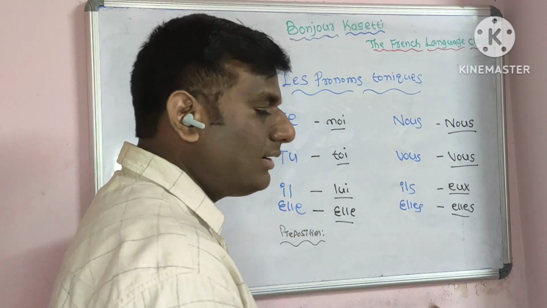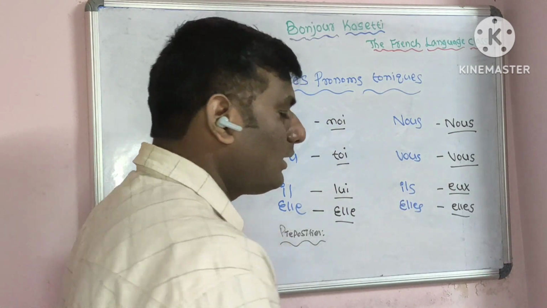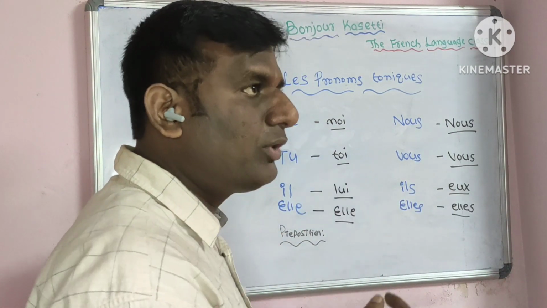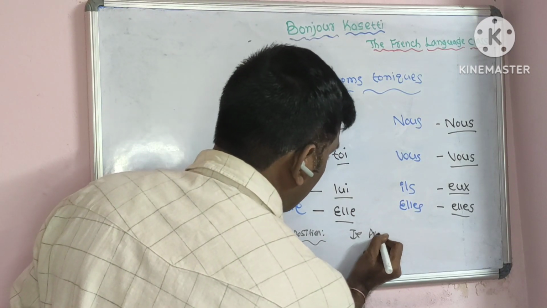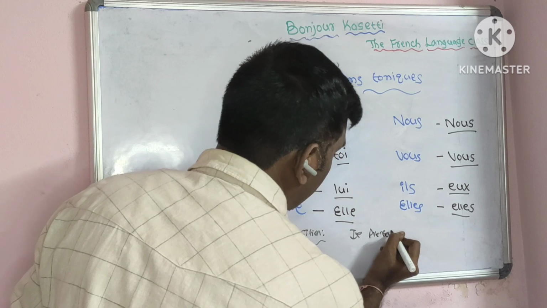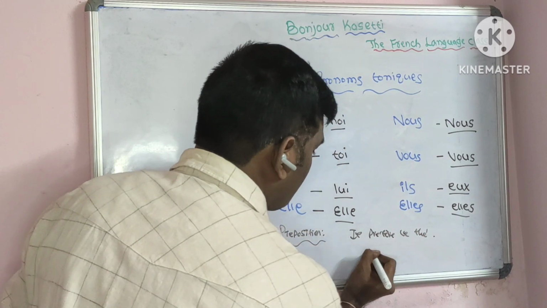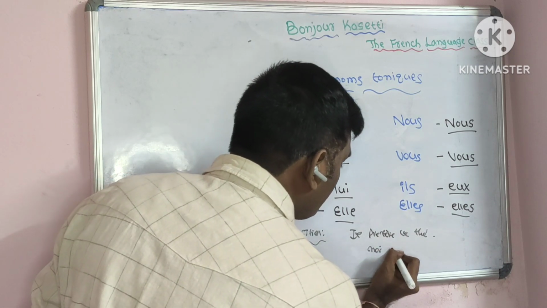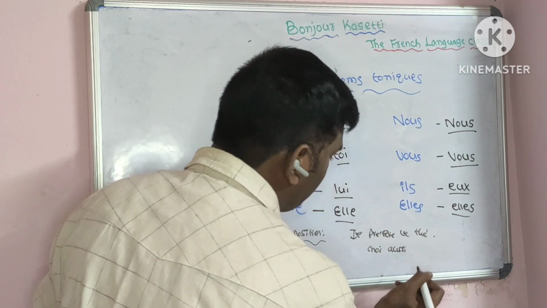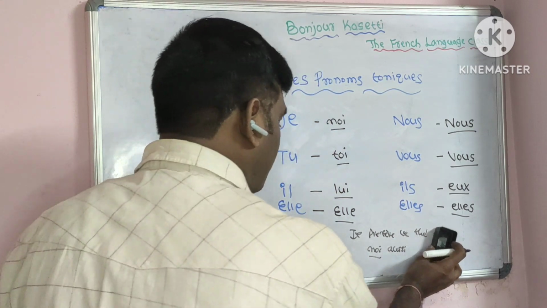And when someone asks you questions, while replying also you can use the pronoun tonic. For example, je préfère latte. They prefer latte. Then if you like tea also, then you can say moi aussi. Okay, here also we are using a pronoun tonic.